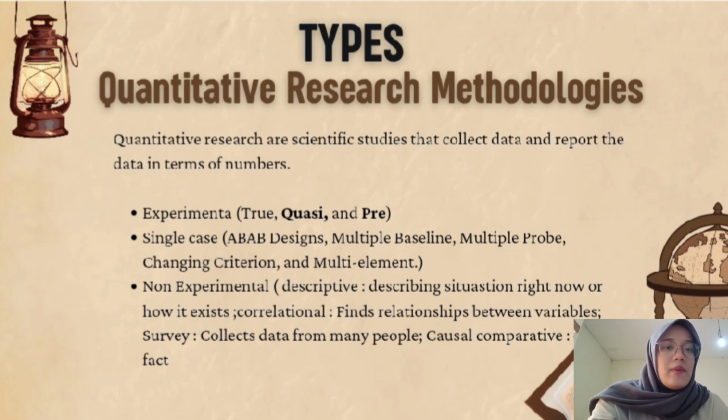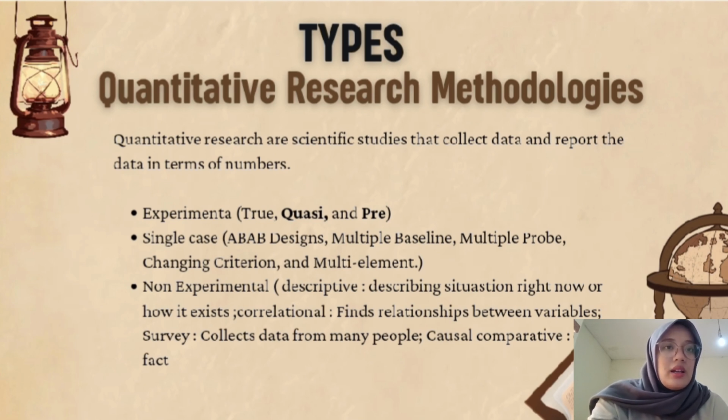There are some types in non-experimental, that is descriptive, that describes the situation right now or how it exists. And also there is correlational, it finds relationships between variables. And then survey, it collects data from many people. And then the last is causal comparative, it exposes facts.